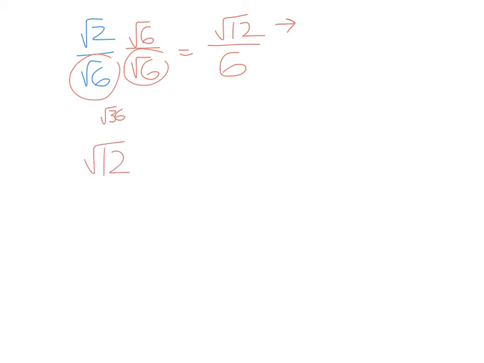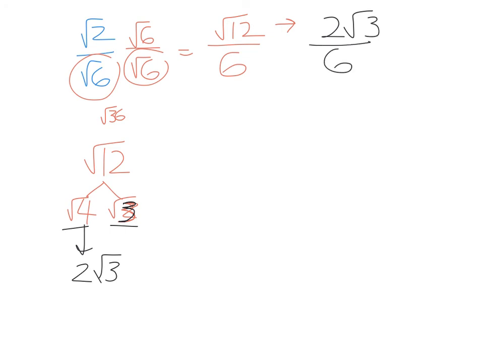So when I simplify rad 12, I'm simplifying rad 12 to radical 4 times radical 3. Radical 4 is just plain 2. So I now have on the top 2 radical 3 over 6.